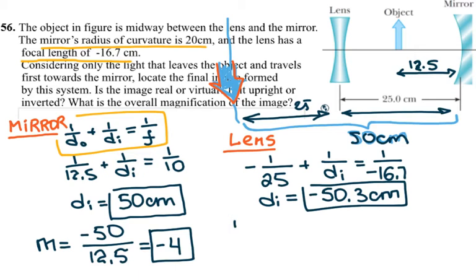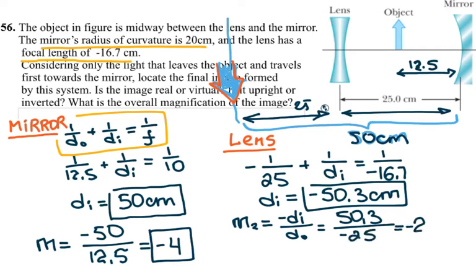And for the magnification of the second one, I have negative di over do, and negative will give me positive 50.3, but the distance here is negative 25. So I get negative 2.012, the magnification for the second image from the lens.